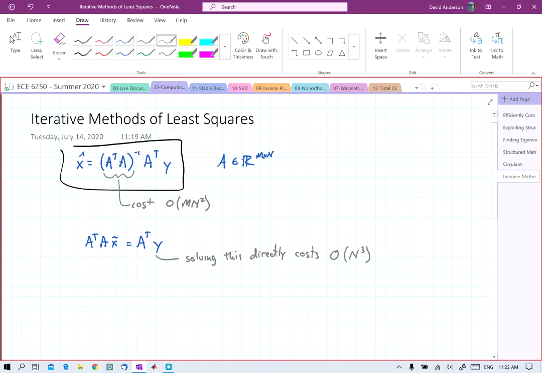So, for an example, suppose we had an MRI. An MRI provides a projection or a look at underlying structure and materials, but not a direct look.